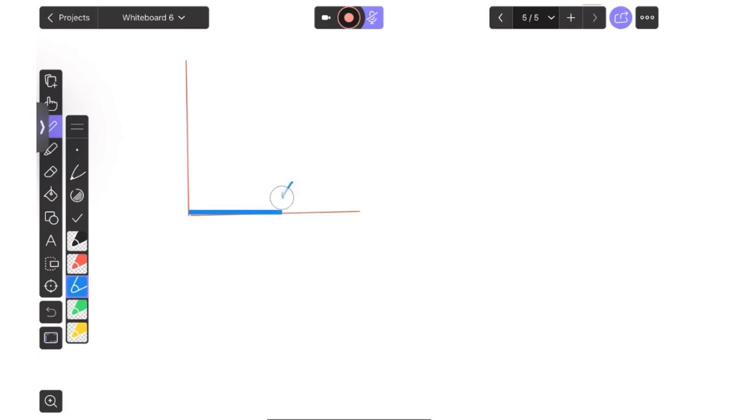So what we have here is a uniform rod whose mass is m and length is l, lying entirely along the x-axis, and we have to get the position of the center of mass.